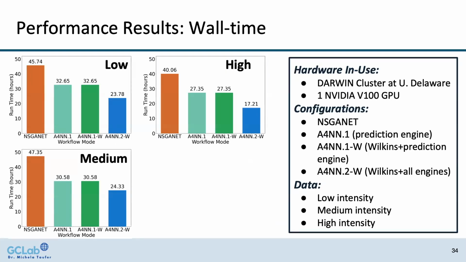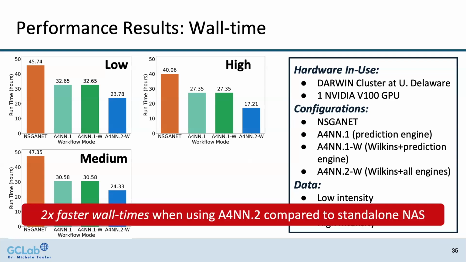And so for our results on wall time, we show here the time that it takes to run each workflow, measured in hours in the x-axis. And we tested different configurations for our workflow, but the 2 that we should focus on are comparisons between the original NSGA-Net NAS algorithm, which is the bars in orange, and then the most up-to-date A4NN workflow, which is the bars in blue.